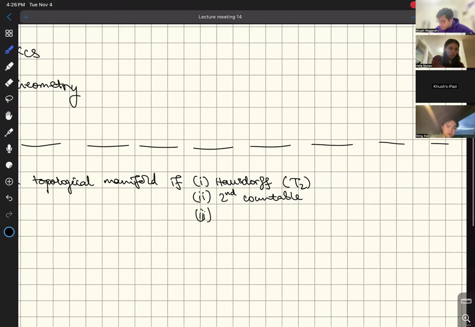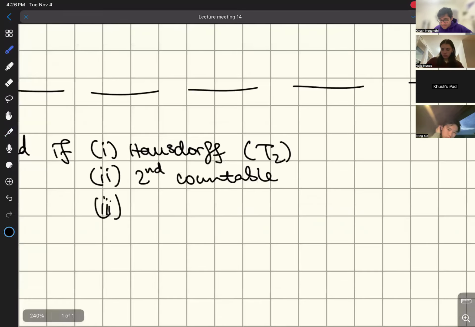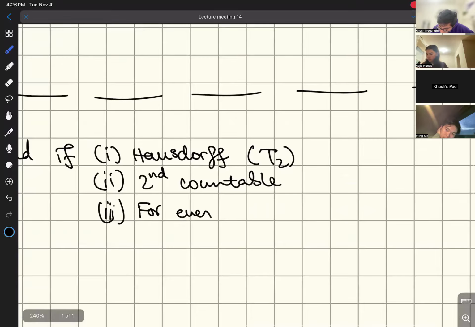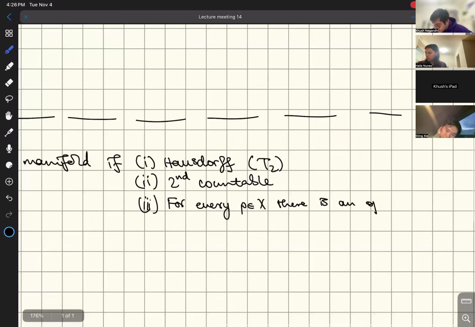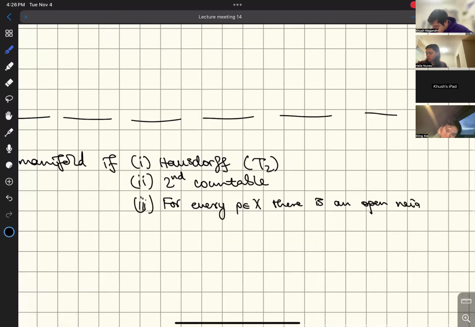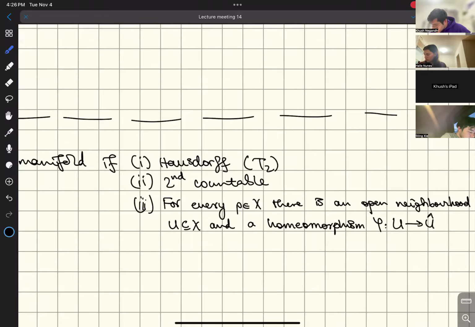And the third one, which is the most fundamental property, is that for every P in X, there is an open neighborhood U in X, and a homeomorphism phi from U into some open set in Rn.